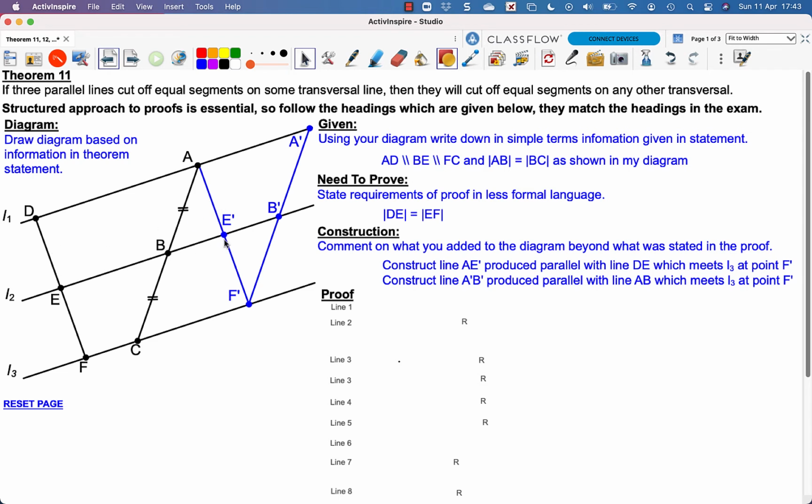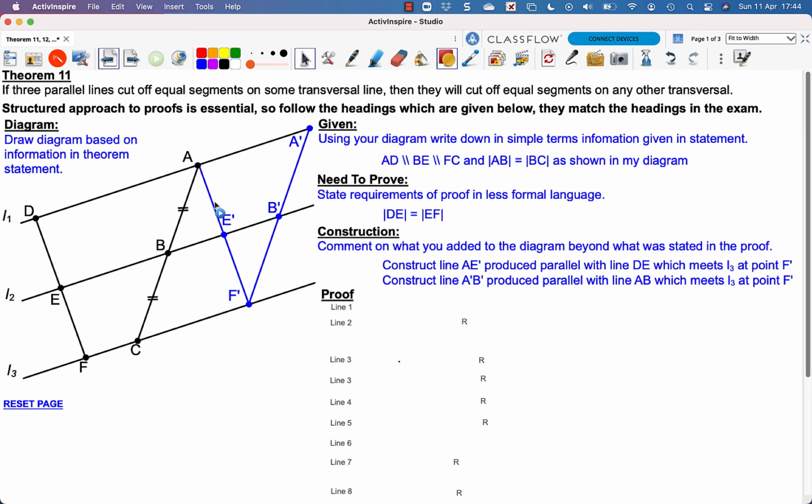And we know from this parallelogram that opposite sides of a parallelogram are equal, so we know that EF length is equal to E dashed F dashed length. So that's great. We know that from the properties of parallelograms and from proofs in junior cycle. Now, if we can prove that AE dashed is equal to E dashed F dashed, then we've shown that DE is equal to EF.